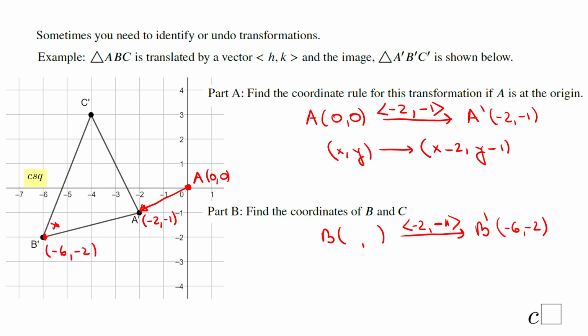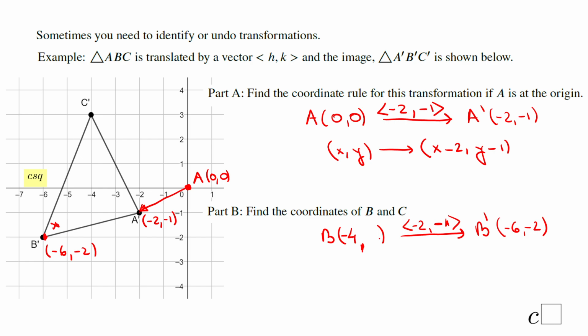So what should I do to this x coordinate? Then I subtract 2 and I get -6. That will be -4, doesn't it? -4 minus 2 is -6.